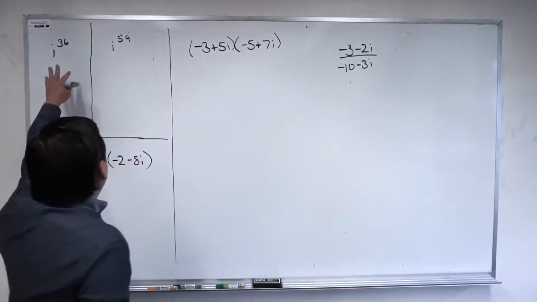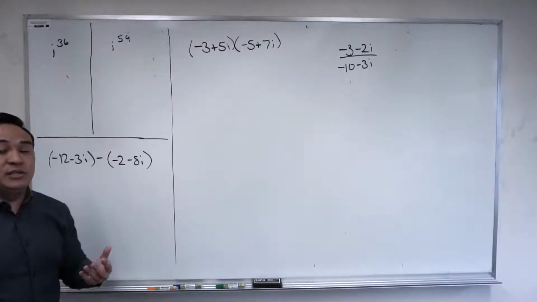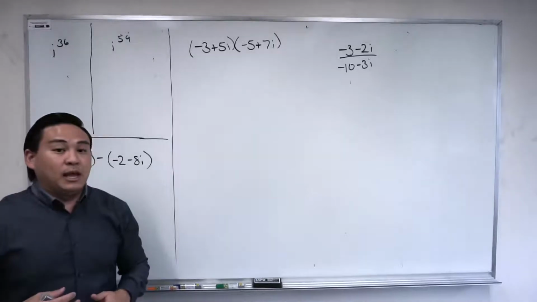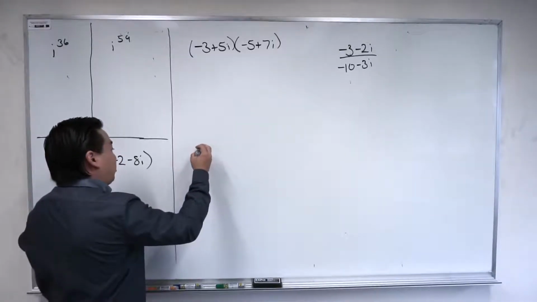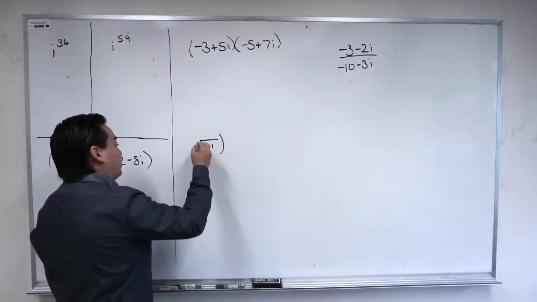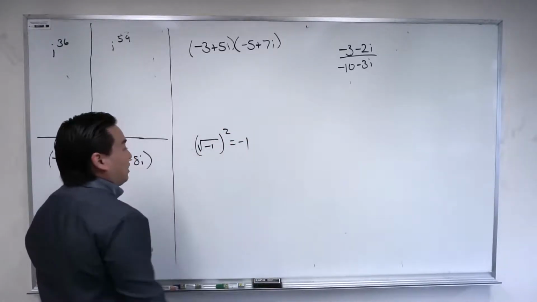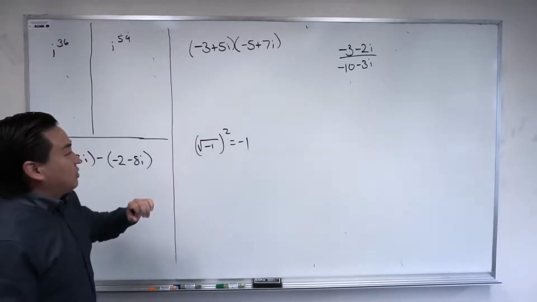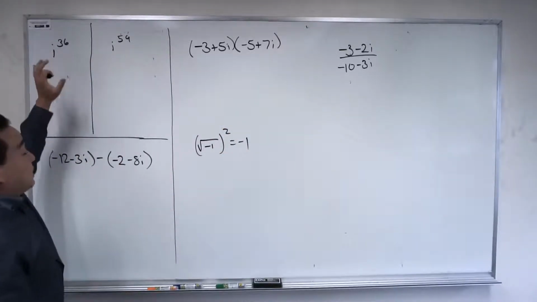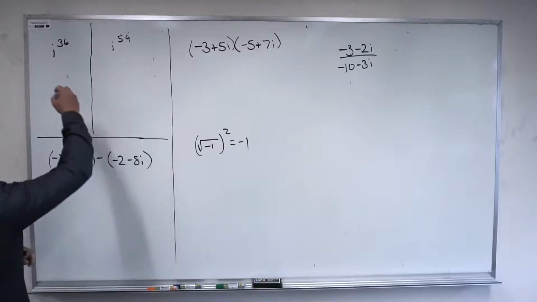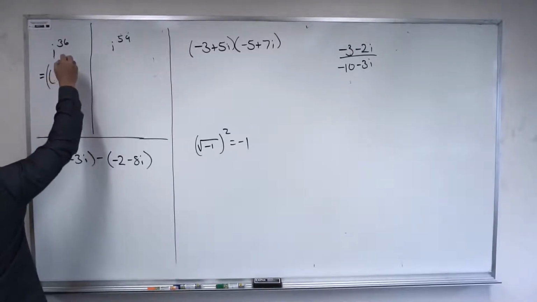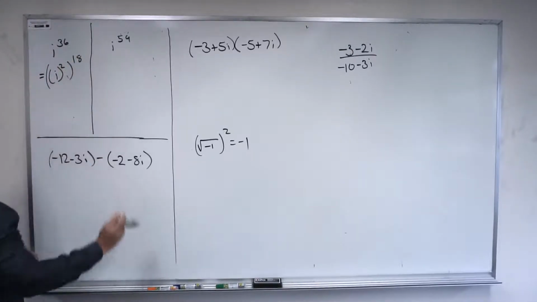So over here, what you're going to do is you're going to use the fact that we know that the i value is the square root of -1, and that the square root of -1 squared is -1. So what we want to do is find a way to write these as squares. So i to the 36 can be rewritten as i squared raised to the 18th power.